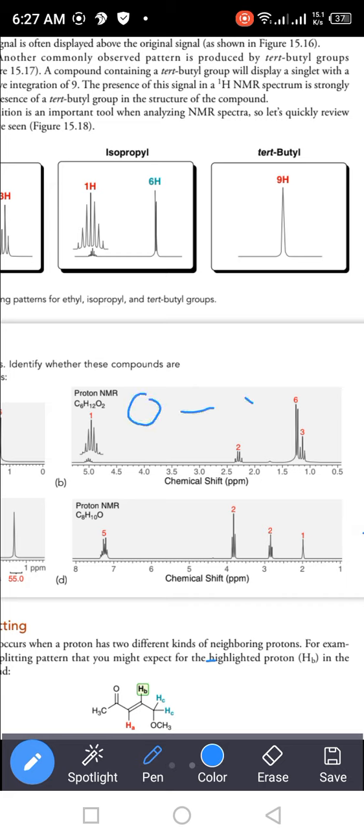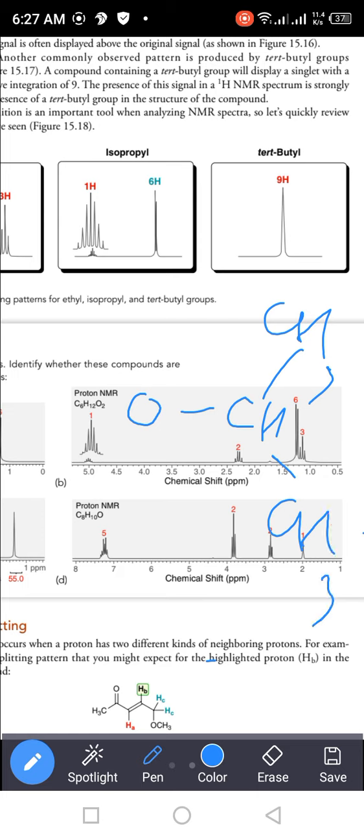Oxygen. This is oxygen. CH having CH3 and CH3. Now this single proton attached directly to the oxygen, one proton integration value having a multiplet, is at almost 5 because oxygen is highly electronegative.